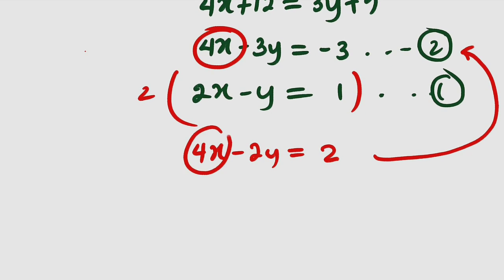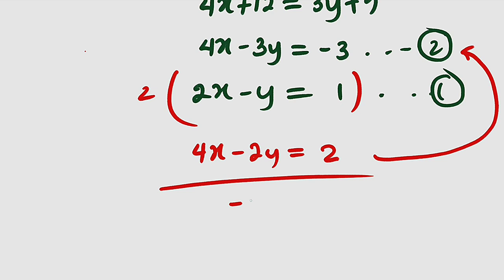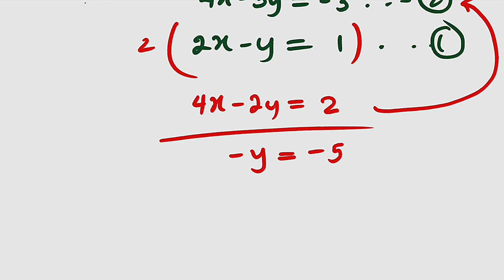So 4x minus 4x is 0. Negative 3y plus 2y is negative y, equals this minus this will give us what? Minus 5. Multiply both sides by negative, y will be equal to 5.